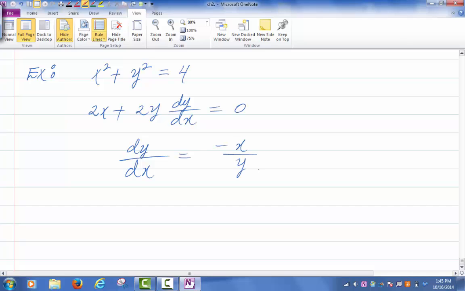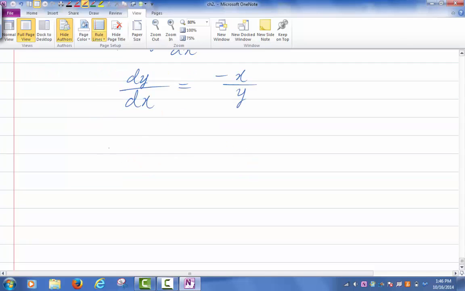We did that before. I'm not showing you all the details, but you can solve for dy/dx and you get negative x over y. Now let's say you're asked to find the second derivative of y with respect to x. So how would you find the second derivative of y with respect to x?